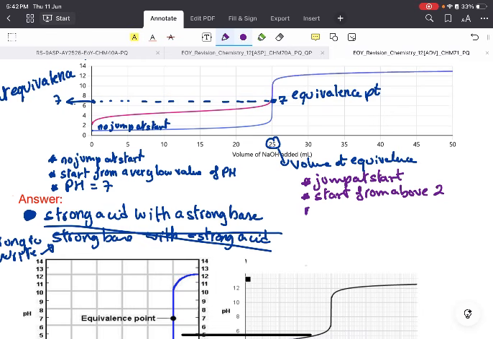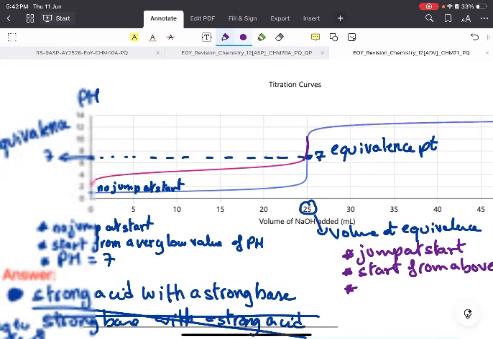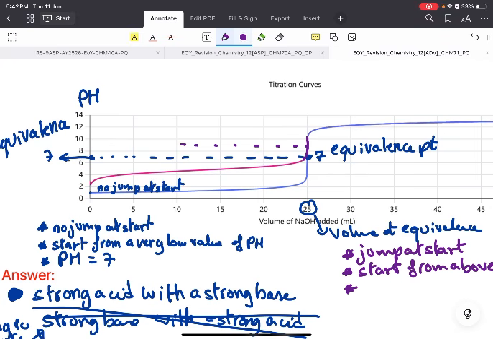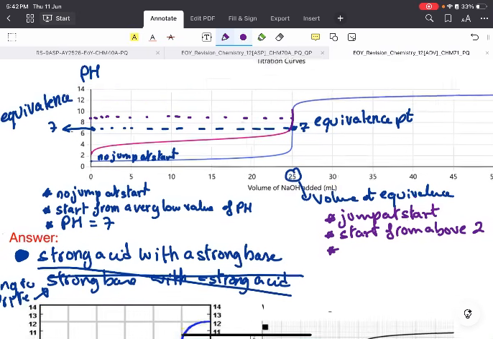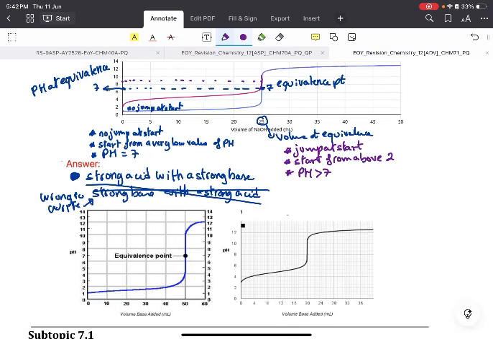And now let's look at the pH at equivalence point. Here's the pink one, and here's the middle. So I don't really care how much it is right now. I know it's 9, but all I need to know is it is above 7.